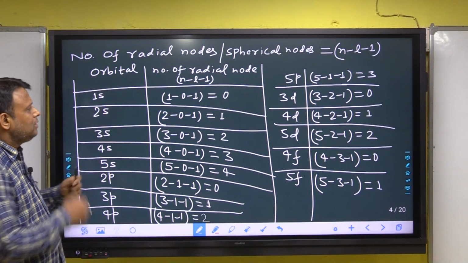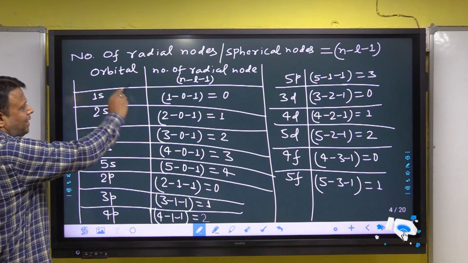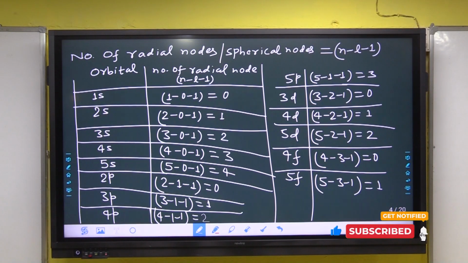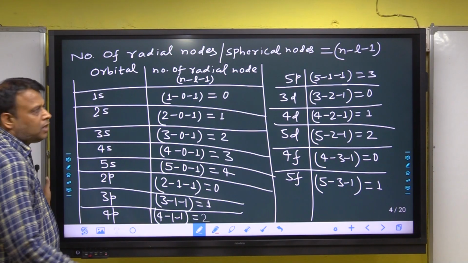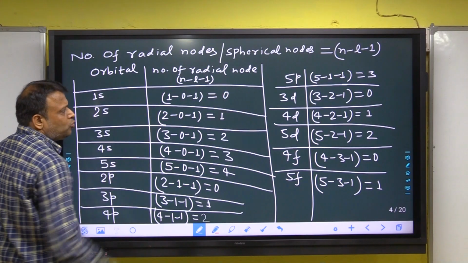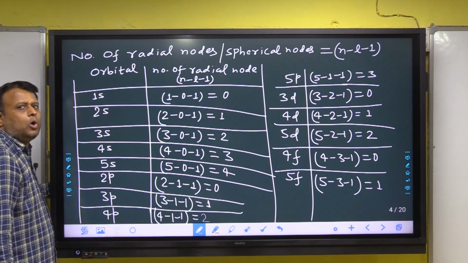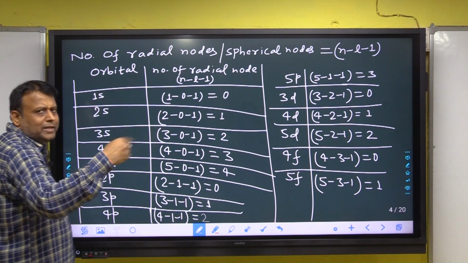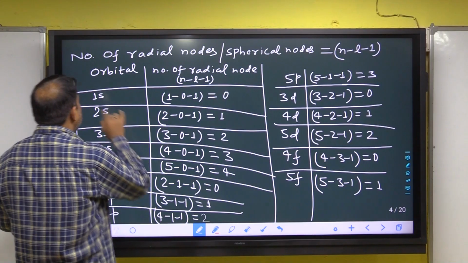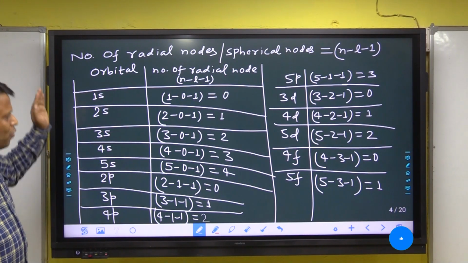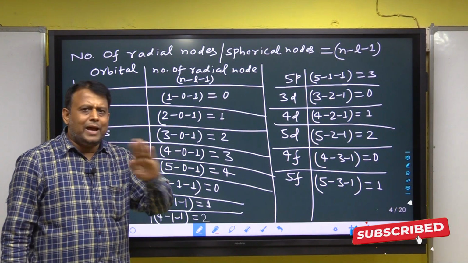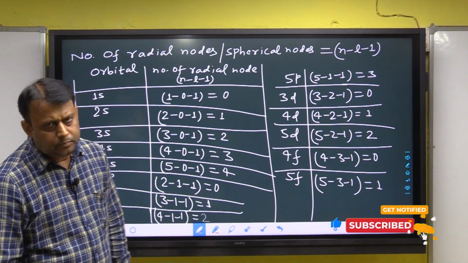Now, one table for your question: orbital and number of radial nodes, formula n minus L minus 1. Look at the book. For orbital 1s, n is equal to 1, and for s, L is always 0. For any s orbital, so 1 minus 0 minus 1 is 0, and hence 1s has 0 radial nodes.